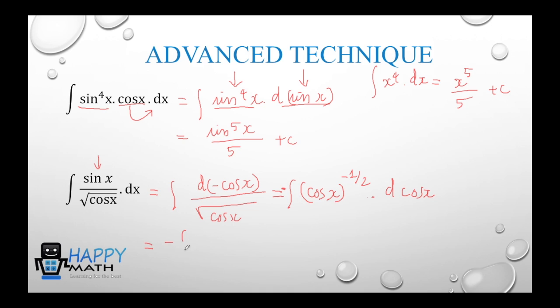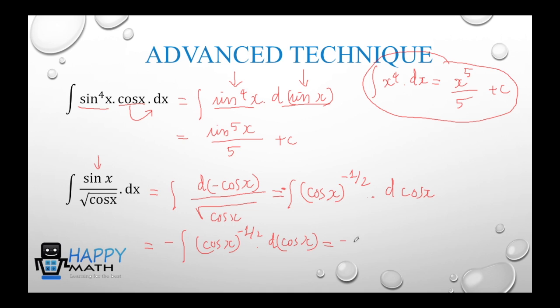This means minus the integral of cos x power minus 1 over 2 times d of cos x. So look at this method. From this one, you will see that this is the power rule integration, and the function here is cos x, cos x power minus 1 over 2 d of cos x.